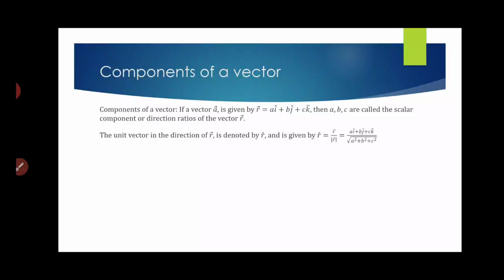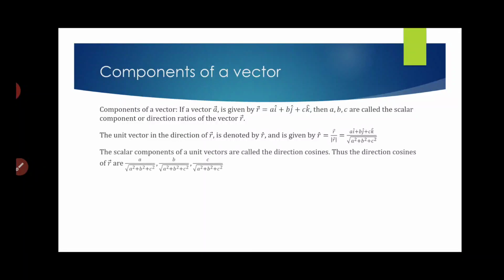To find the unit vector of any vector, we need to divide the vector by its modulus or magnitude. Then whatever we get is the unit vector. Also, the unit vector is represented by the same letter with a cap on the top. Fine.